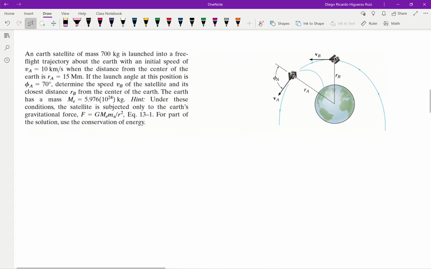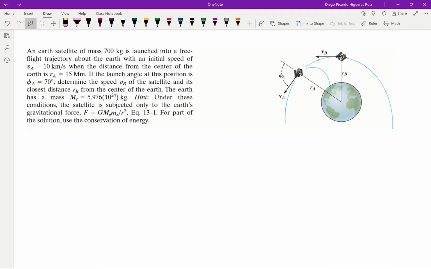Okay, let's go ahead and solve this problem right here. An Earth satellite of mass 700 kilograms is launched into a free flight trajectory about the Earth with an initial speed of VA equal 10 kilometers per second when the distance from the center of the Earth is RA equal 15 megameters.